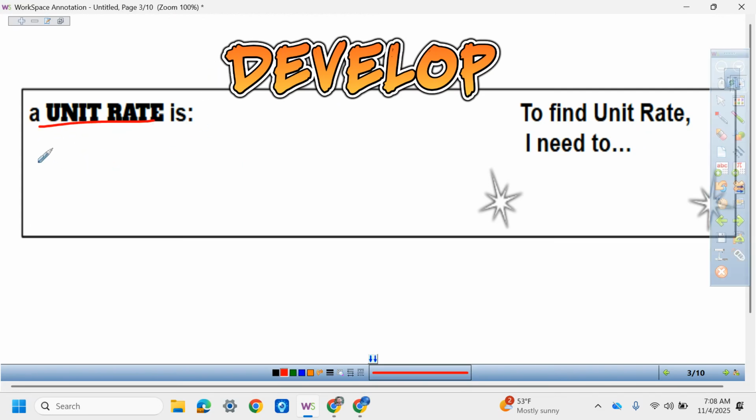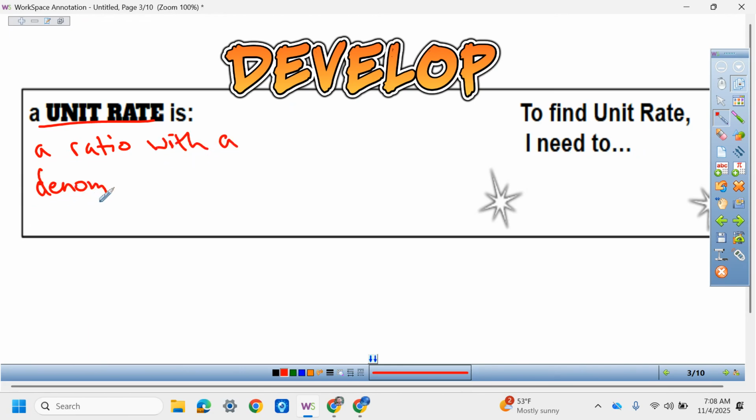What a unit rate is, this is a ratio with a denominator of, I would put this in all caps, 1.